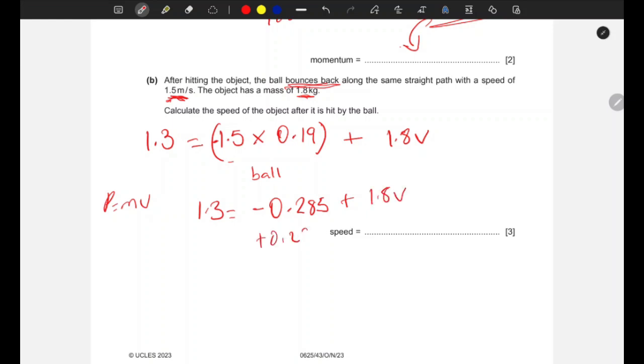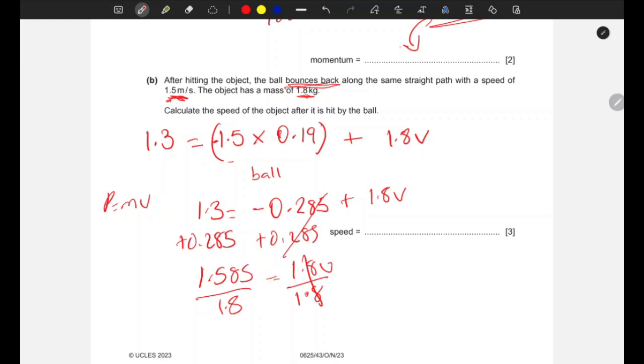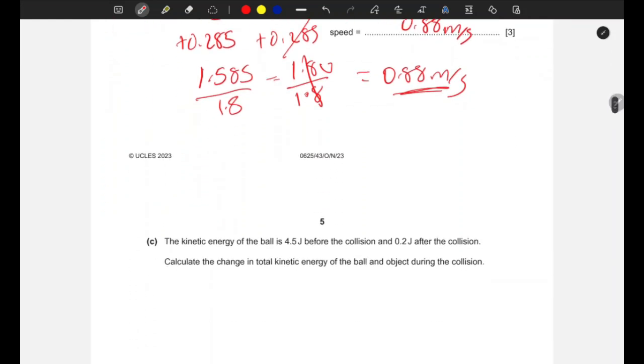So we add 0.285 on both sides. That would give us 1.585 equals 1.8 v. So we divide both sides by 1.8. That would give us 0.88 meters per second. That is going to be our speed. Don't forget the units. So that's how we get these 3 marks.